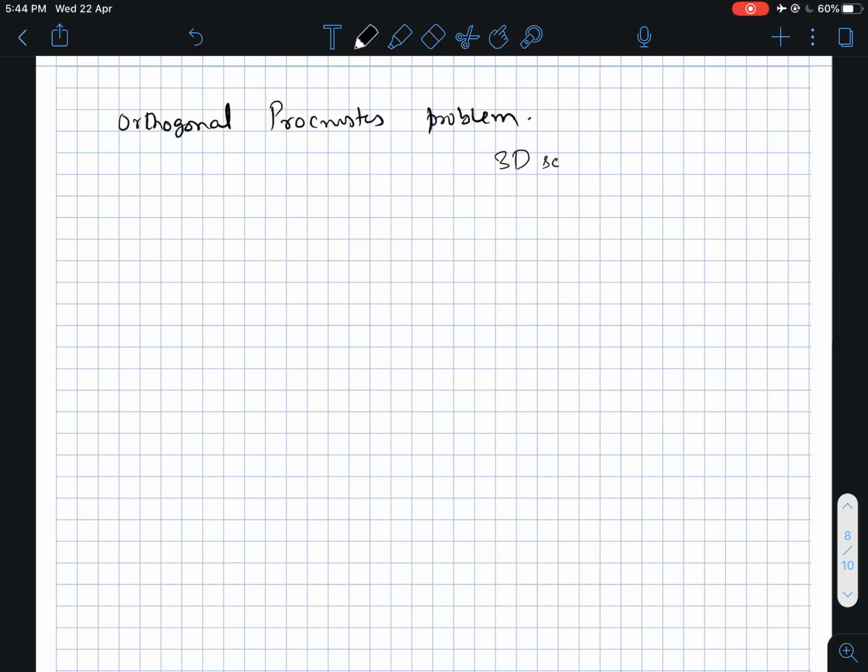Now, suppose you have, let's say, two three-dimensional scenes, right? So you have a 3D scene 1 and 3D scene 2. Let us say that these represent the same object, but the scene has been taken from different orientations.